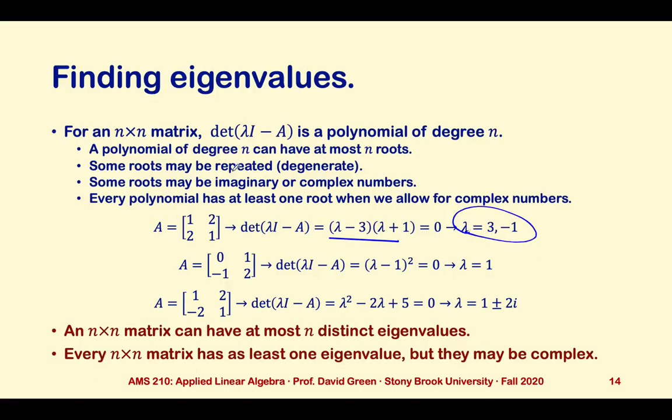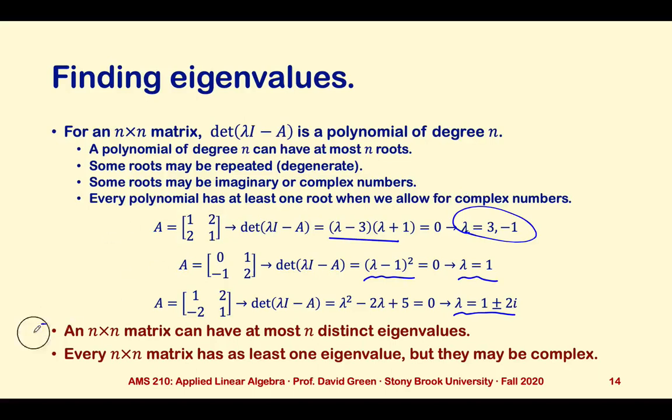What does that mean? It means when we factor them, we actually get the same factor multiple times, and that leads to having less than n roots. Some of the roots might be imaginary or complex numbers. So here we get 2 complex roots, but we don't get any real roots.